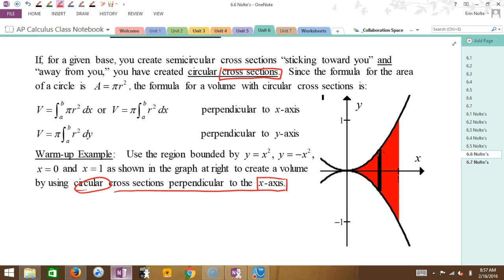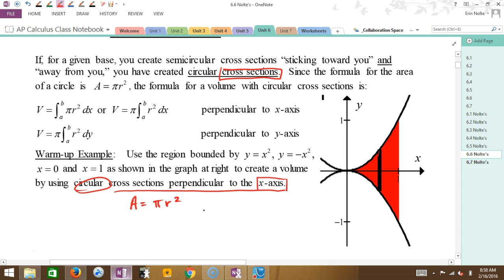Okay, so who remembers what the area for a disc is? Pi r squared, right? Okay, so the key piece on this is that the r is basically going to be the distance from the x-axis to the top equation. Okay, so basically half of that whole width.